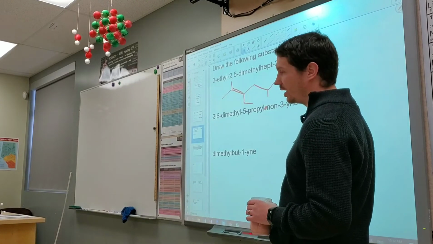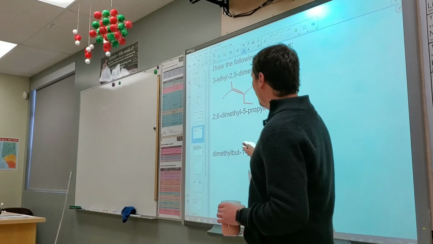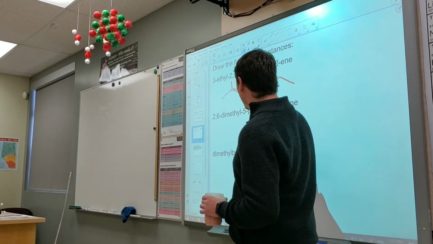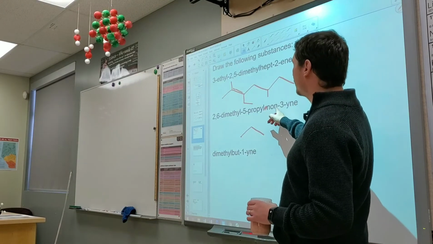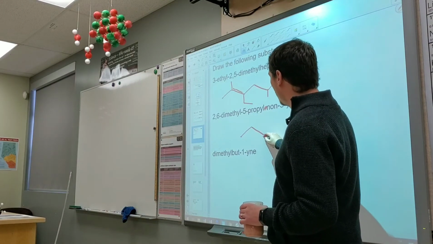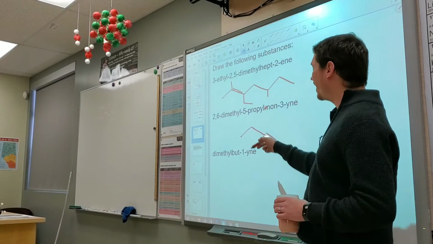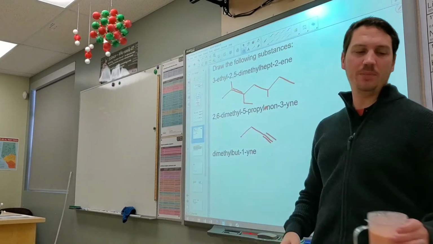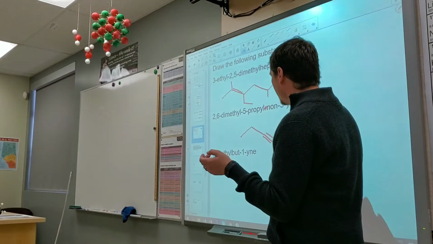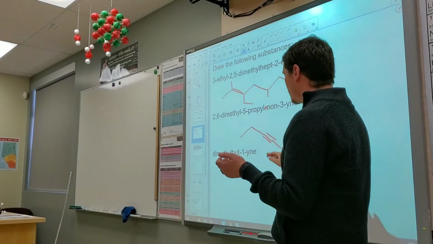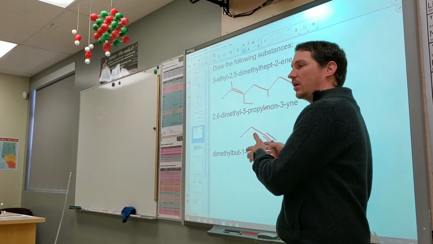So how am I going to do this? 1, 2, 3. But then after the third carbon, there's a triple bond. Often there's no angle because triple bonds, in reality, make a totally linear compound. So these 3 bonds are all totally in a line, in reality.